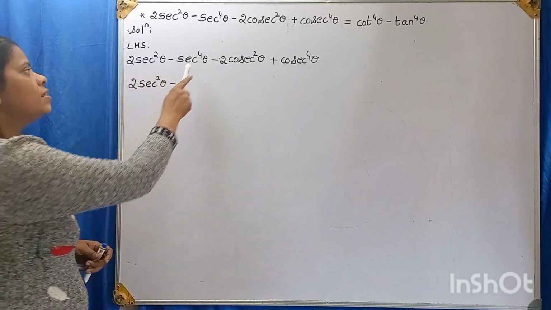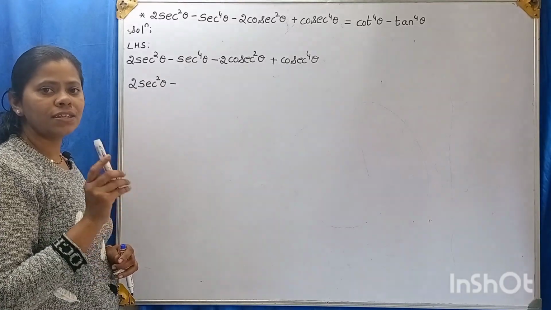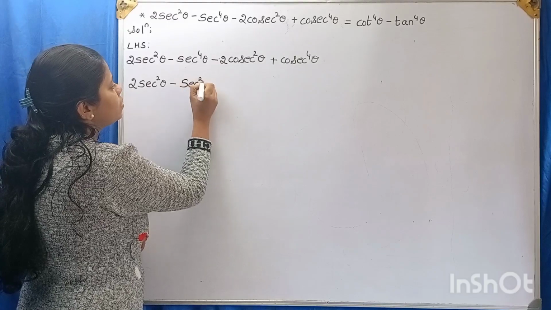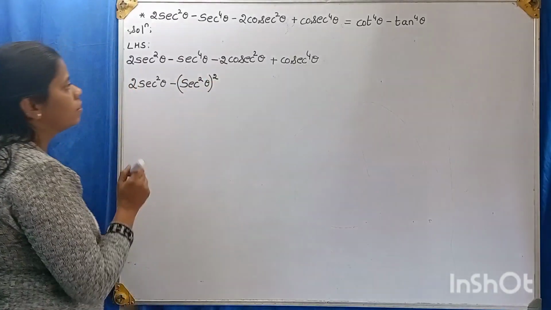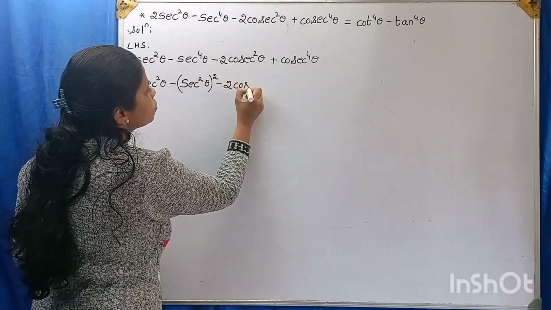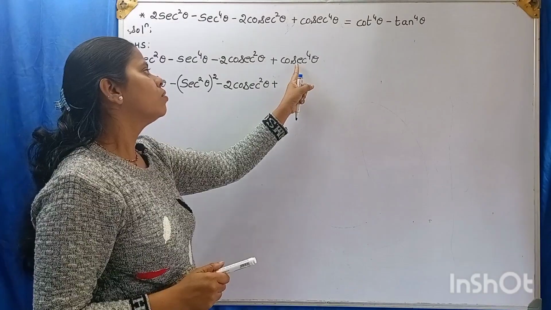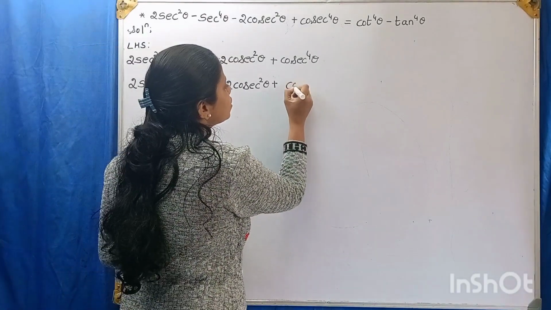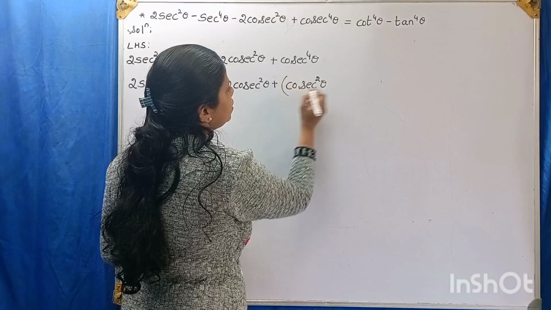Minus sec⁴θ, I can write it as (sec²θ)². Now, minus 2 cosec²θ plus cosec⁴θ, I can write it as (cosec²θ)². Right?